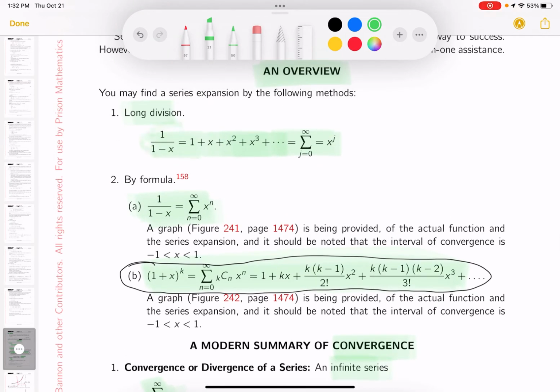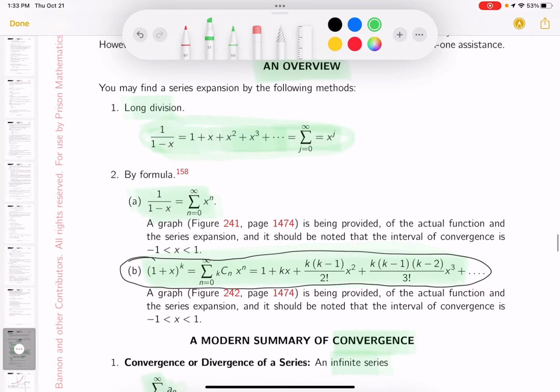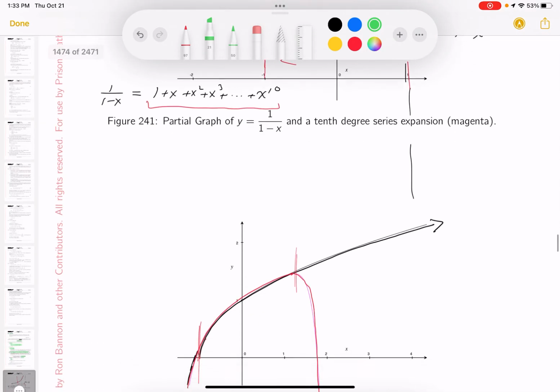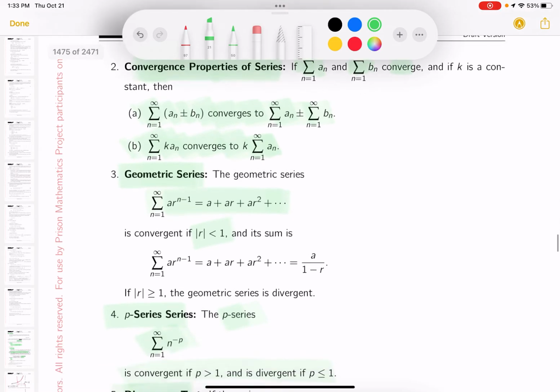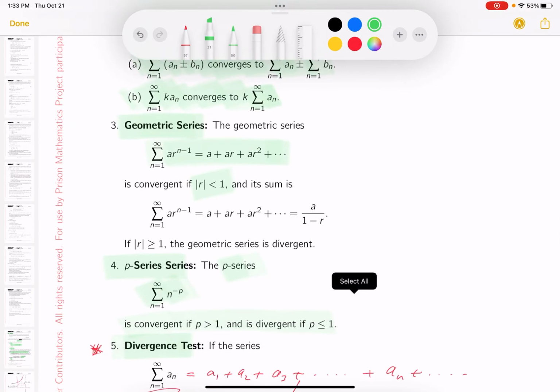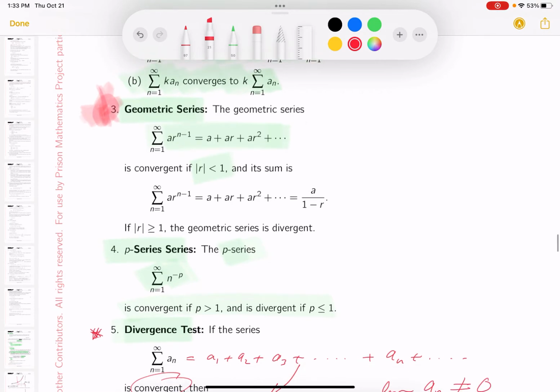The other series would be the P series. Let me mark them down for you. I'm going to put a little star next to this one; this is really important to know. And the P series is really important to know. Again, the geometric series for comparison purposes is really nice to know, and it's really a foundation of series analysis, in my opinion.